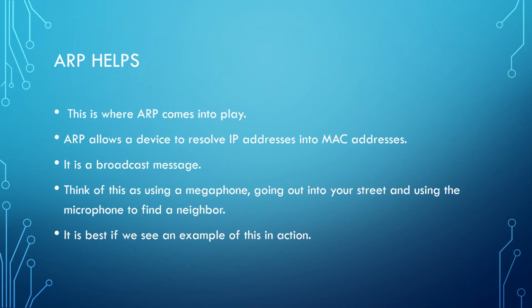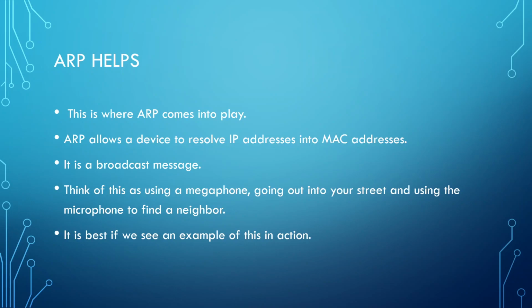ARP allows a device to resolve IP addresses into MAC addresses. It's a broadcast message. With IP, there are different types of messages. So far we've been talking about unicast traffic, which is traffic sent from one device to another device. A broadcast message is sent from one device to all other devices on that network.